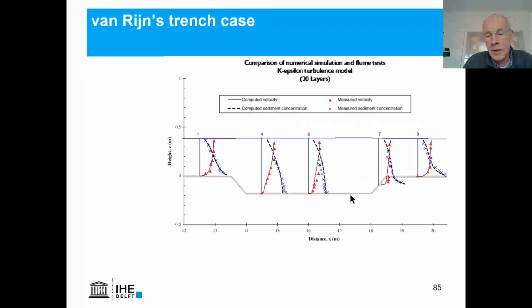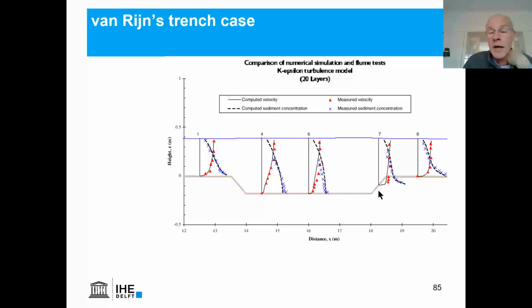With this kind of equation, we can resolve very subtle changes in the velocity and concentration pattern. For instance, here we have a logarithmic velocity profile, that is, the flow is coming in through a flume, and the flow doesn't suspect anything, but then suddenly there's this trench, and you see the flow here takes a while to advect from here to the bottom.